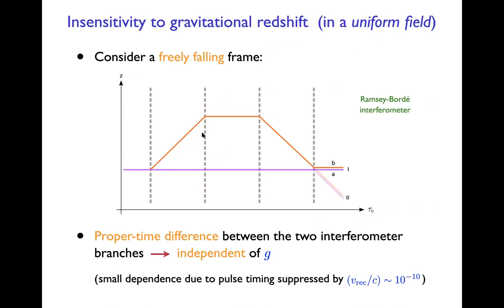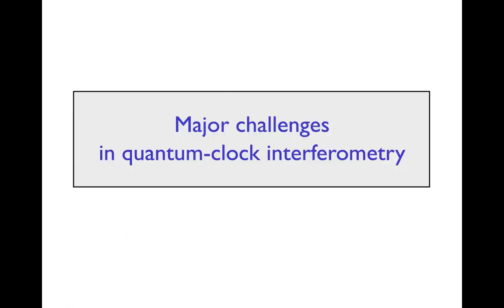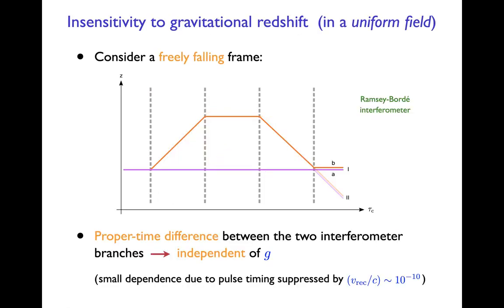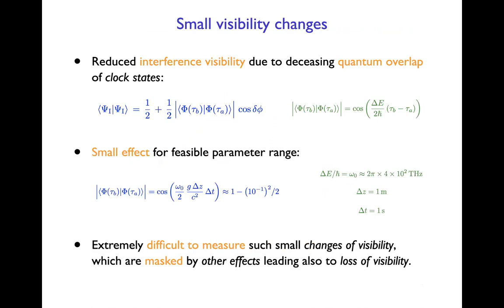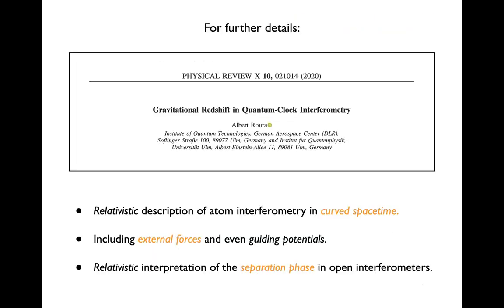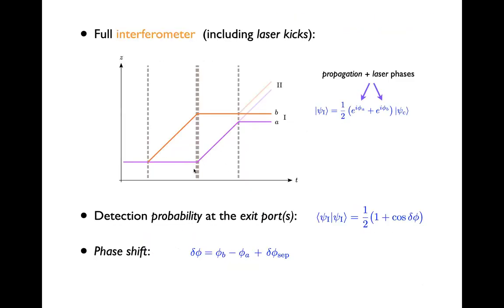Let me explain. This example I used here was to show an example where you do have a non-vanishing proper time, although it's not sensitive to little g. But you could, of course, have this Mach-Zehnder interferometer, which is actually the one very often used. Usually you use the same time between the first two passes and the last two passes.